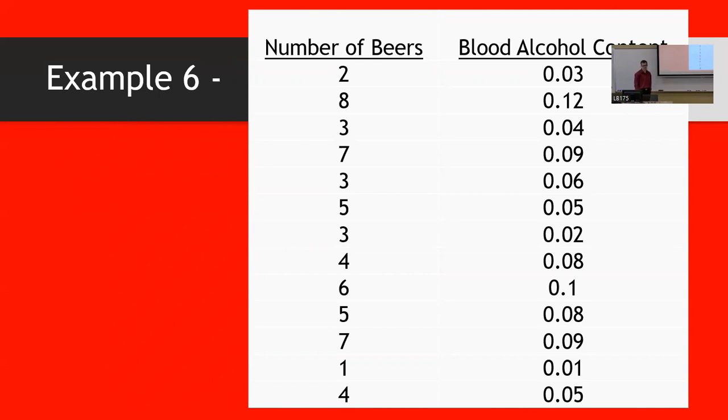Somebody else may drink 3 beers, and 2 hours later, their blood alcohol level is 0.06. Everybody get the experiment that's being done here? So drinking a certain number of beers and then testing your blood alcohol level a couple of hours after that. Or maybe it was 1 hour, I can't remember the specifics.